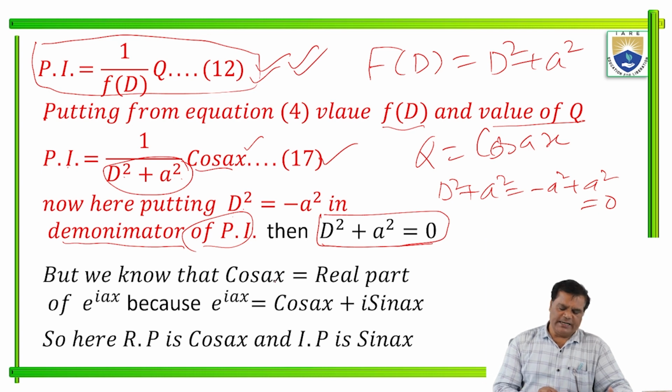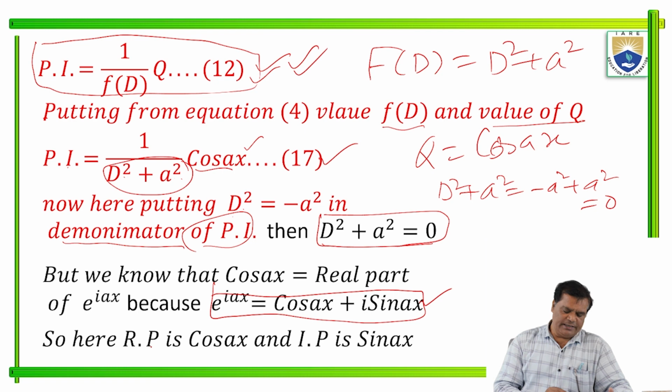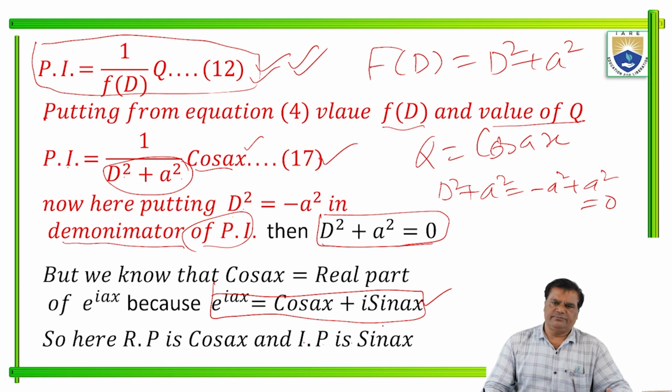But we know that cos Ax is the real part of e to the power iAx, because e to the power iAx is cos Ax plus i sin Ax. So the real part is cos Ax and the imaginary part is sin Ax.